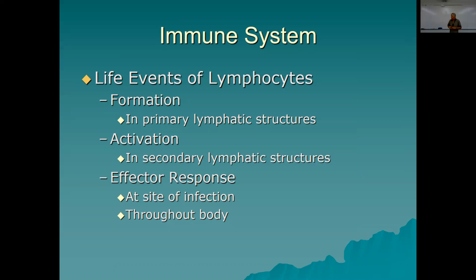Activation is in secondary lymphatic structures, usually lymph nodes, lymph nodules, spleen, tonsils, appendix, and then finally an effector response, either at the site of an infection, which could be cytotoxic T cells, or throughout the entire body in lymph nodes. So they have to be formed first, activated, and then they do their job. That's the effector response.